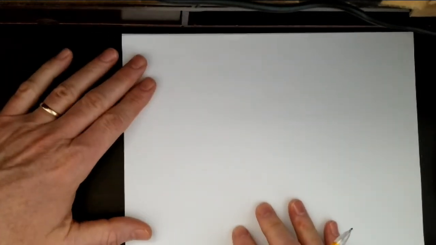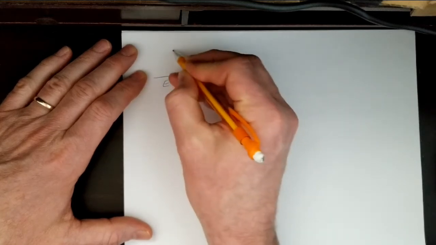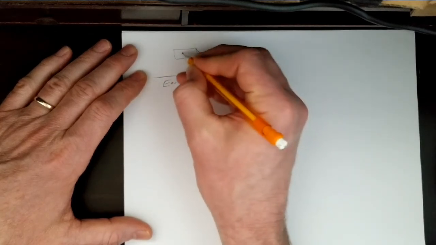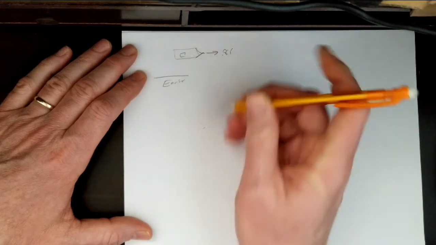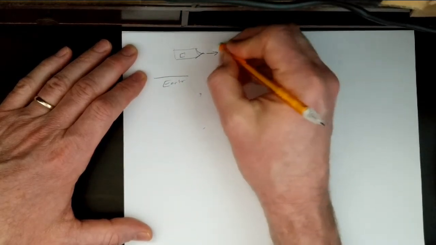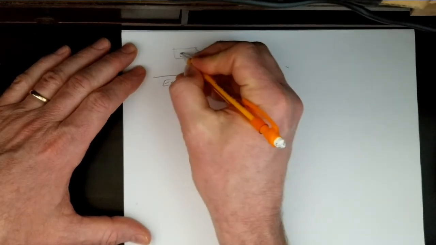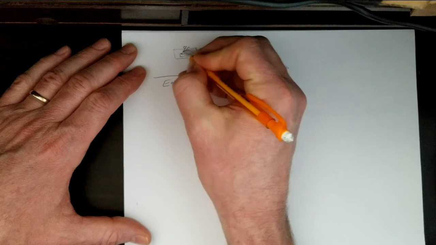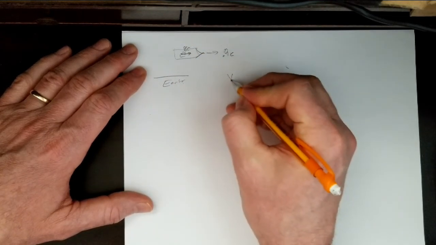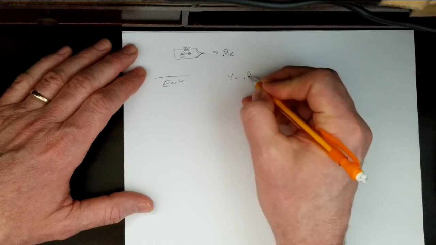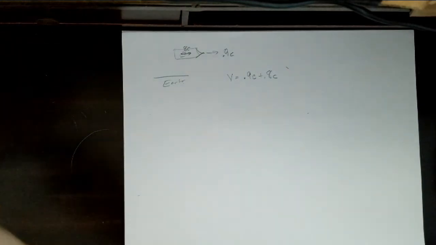So if we go back to our problem, I have Earth and I have the rocket. The rocket's going at 0.9 times the speed of light, and then I have a ball inside going at 0.8 times the speed of light. We figured out that the speed from the Earth's point of view in Galilean relativity was 0.9c plus 0.8c. That is what we did before.